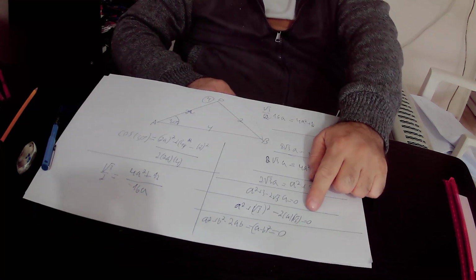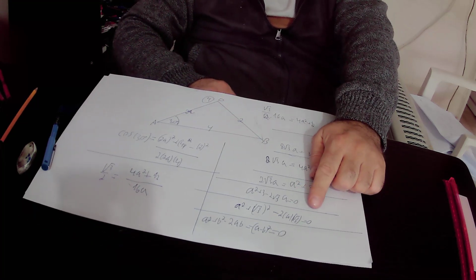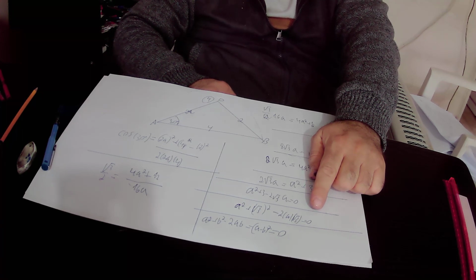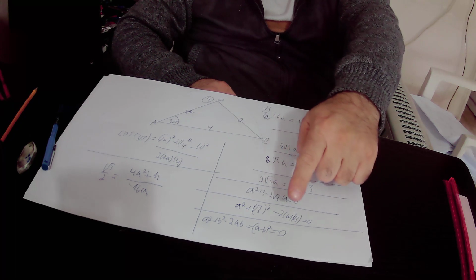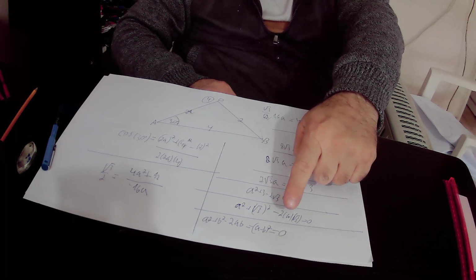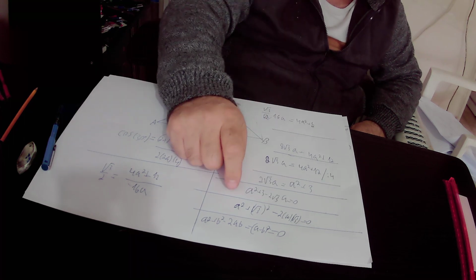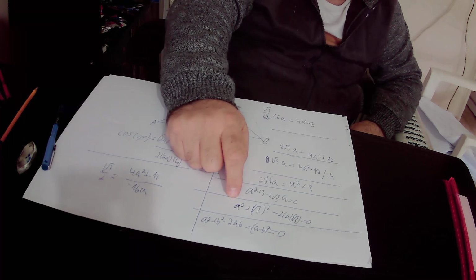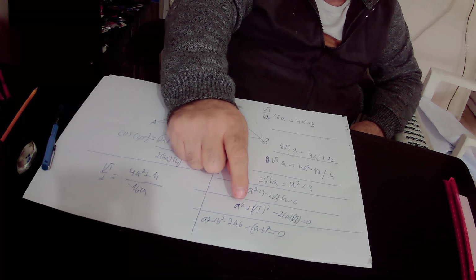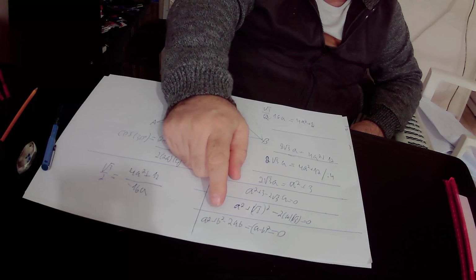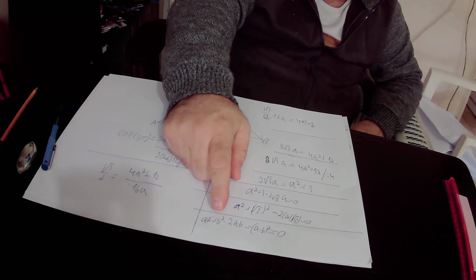This expression is very similar to the algebraic identity that a squared plus b squared minus 2ab equals (a minus b) squared. So we can substitute our expression by (a minus b) squared equals 0 according to this algebraic identity.